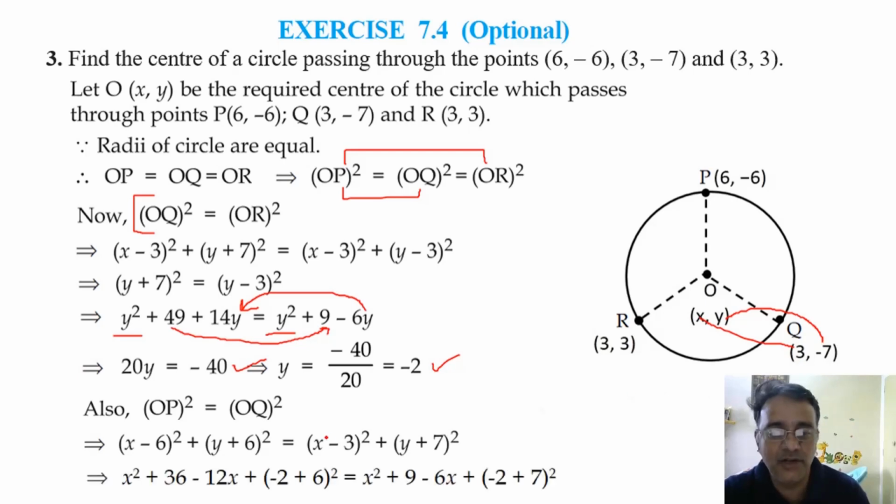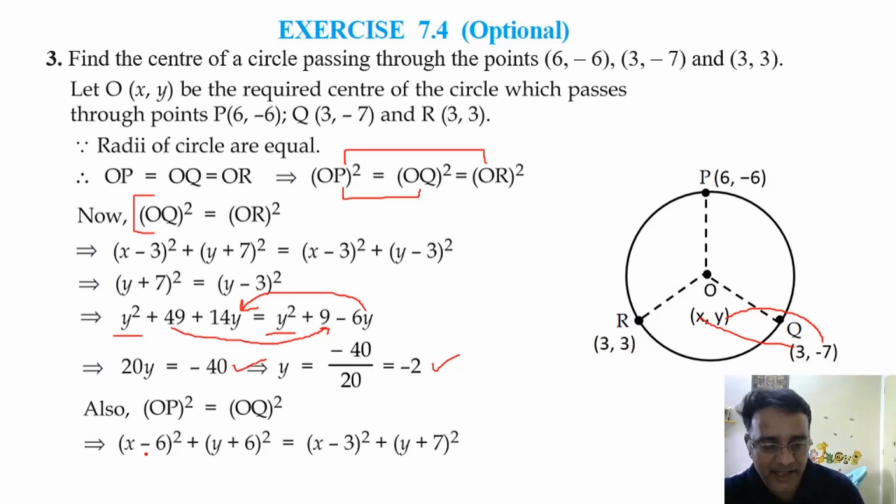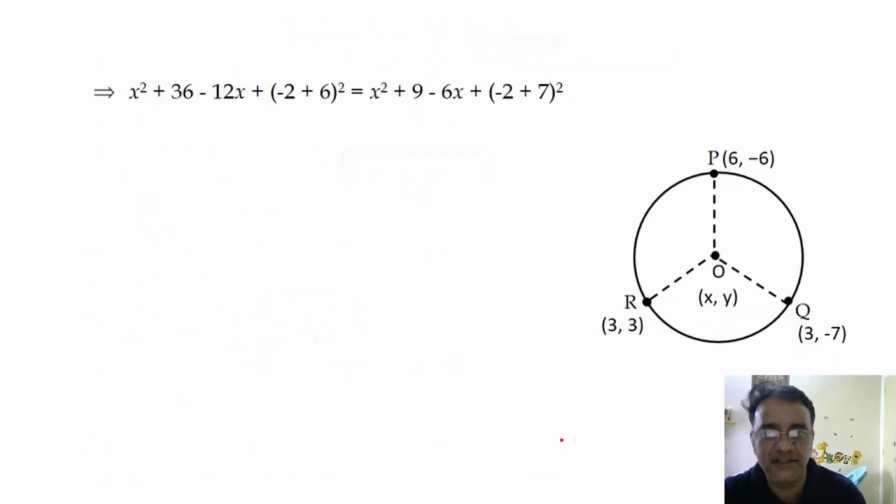Okay, so now we'll expand everything. Let's go to the next page. Substitute the value of y and expand the other two. This is x minus 6 whole square and this is x minus 3 whole square, and in the other two the value of y has been substituted.